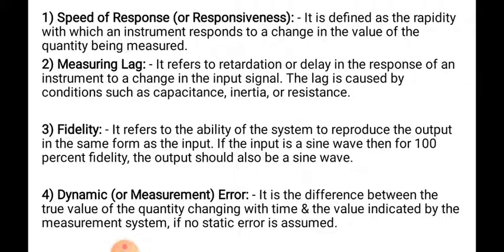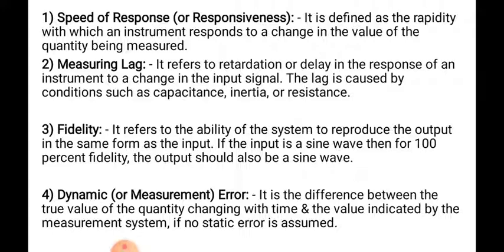Then next is the dynamic or measuring error. It is the difference between the true value of the quantity changing with time and the value indicated by the measurement system, if no static error is assumed.